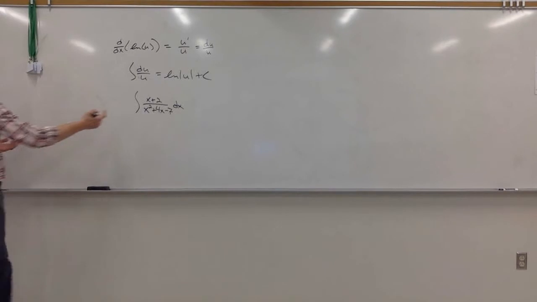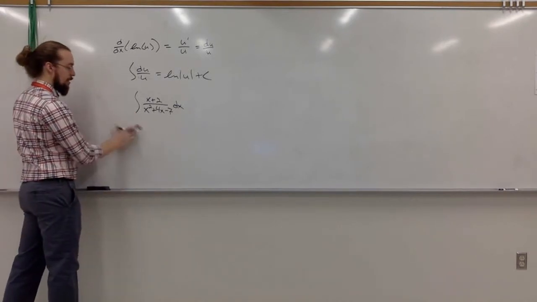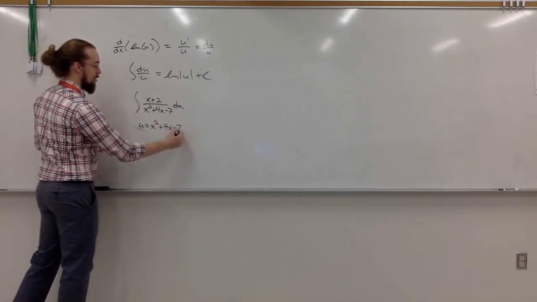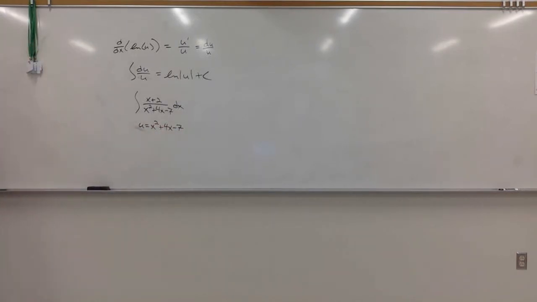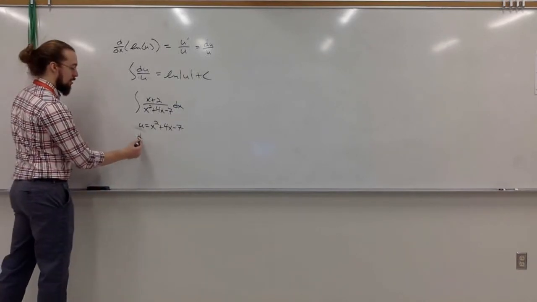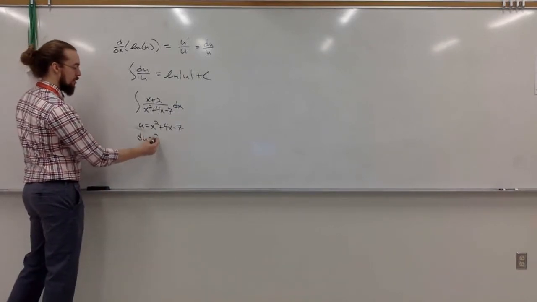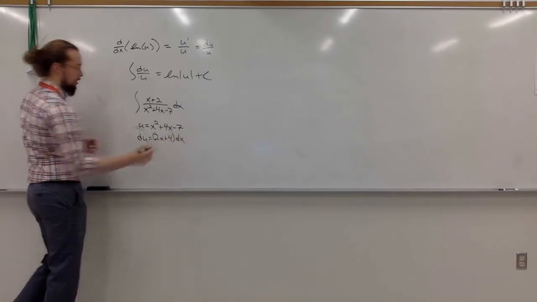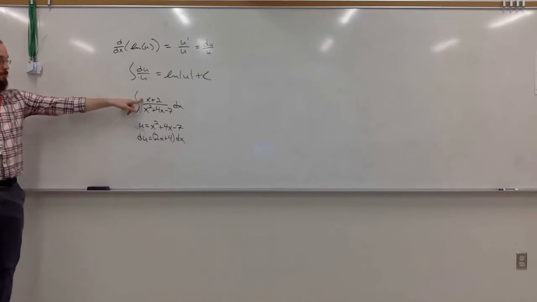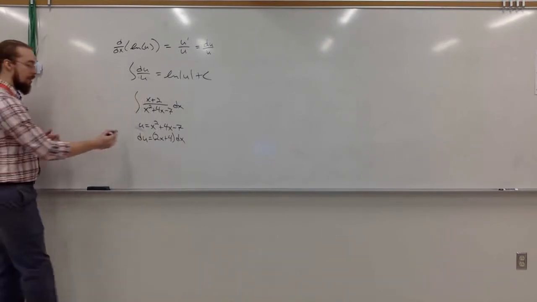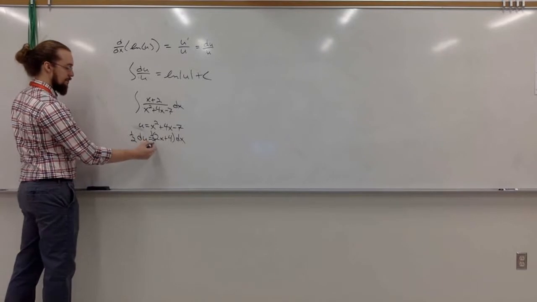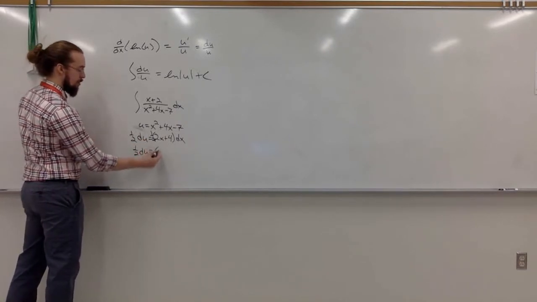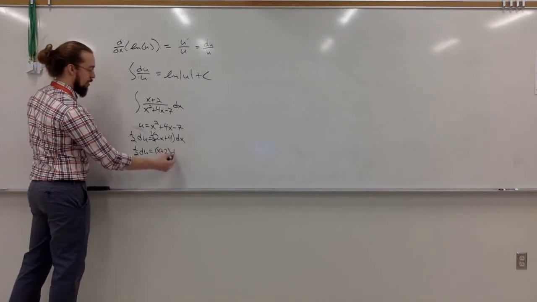So if I make my u x squared plus 4x minus 7, my du, the derivative of this, would be 2x plus 4. But I want it to be x plus 2, so I would need to multiply by a half. So then we get what we want, 1/2 du equals x plus 2 dx.